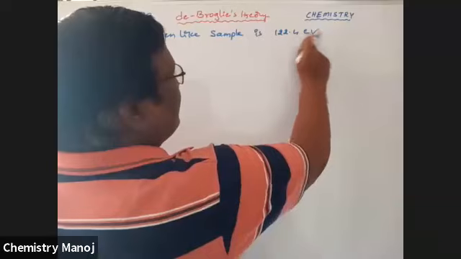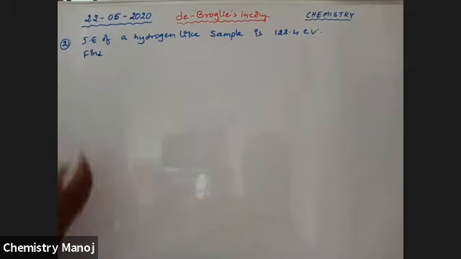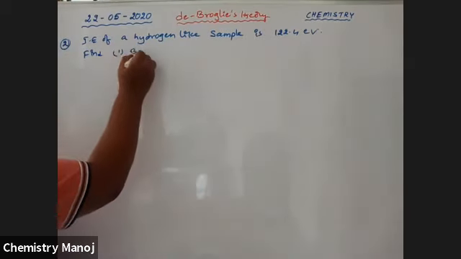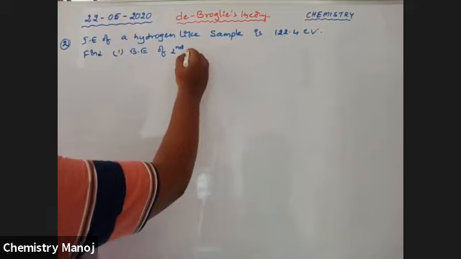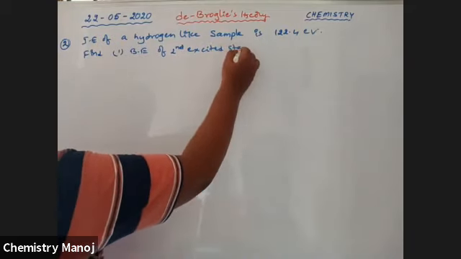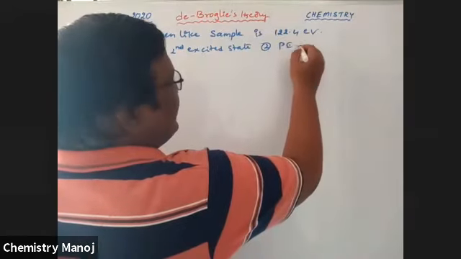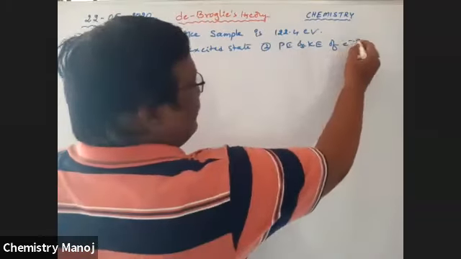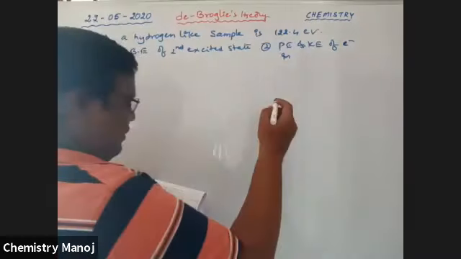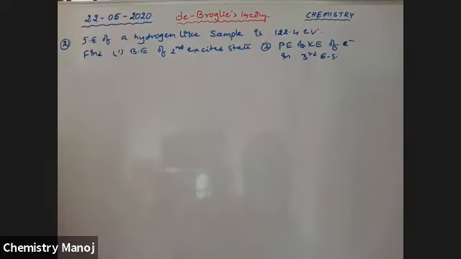Find, one, the binding energy of the second excited state; second, the potential energy and kinetic energy of the electron in the third excited state.